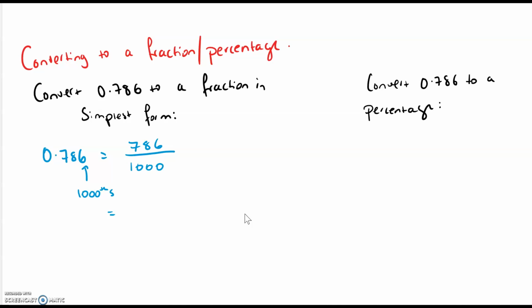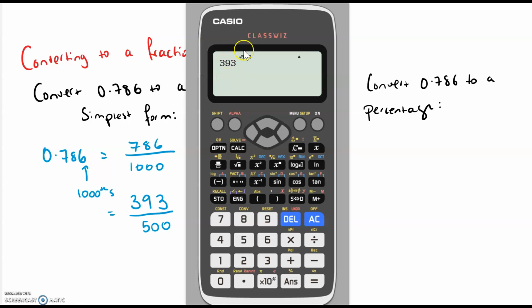So I know half of 700 is 350, and half of 86 is 43. Okay, so half of 786 is going to be 393, okay, over 500. Okay, now the next thing I probably want to check is, are there any common factors between 393 and 500?